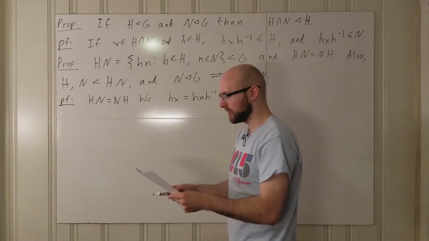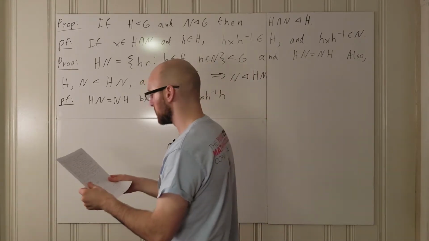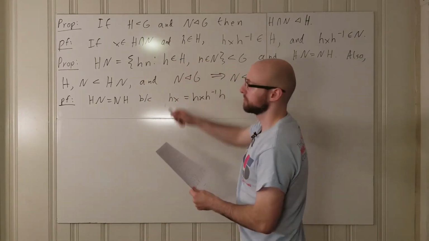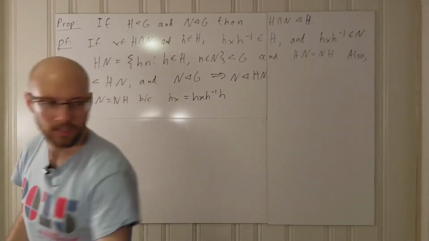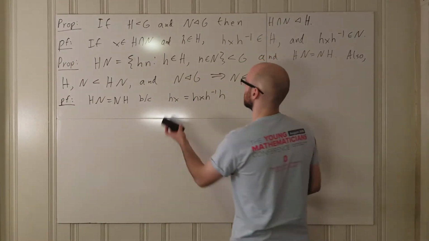Yeah, in this case it looks like we are taking N to be a normal subgroup throughout, and so this extra statement here is redundant.